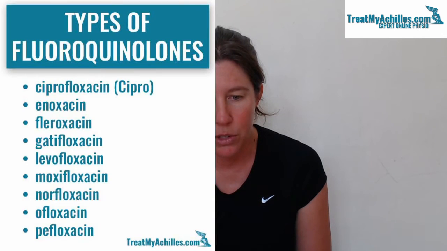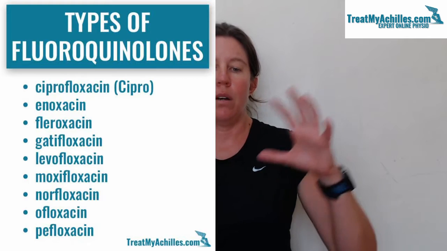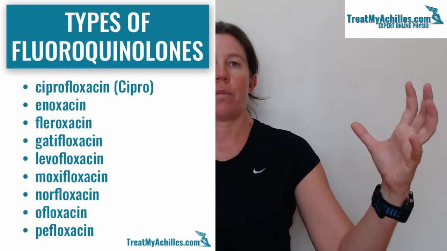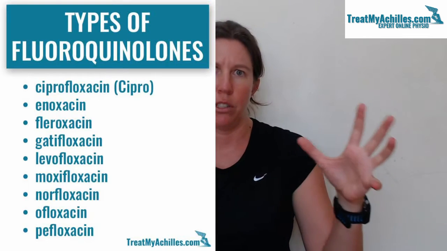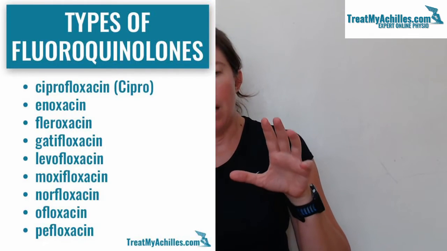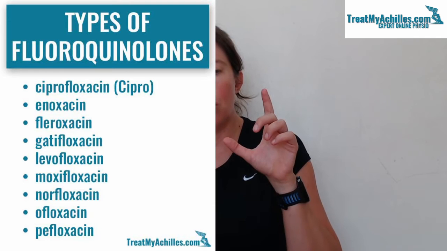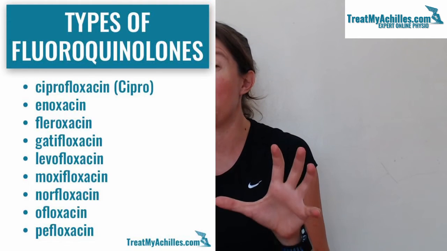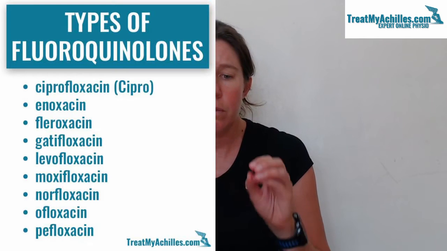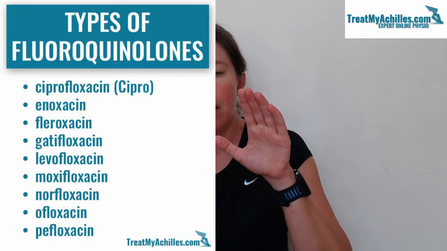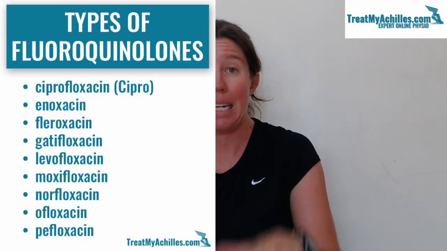So let's have a quick look at what different types of fluoroquinolones you get. Fluoroquinolones is the big name for all of these different types, and they've all got slightly different functions. That's why they're different. The most common one, it seems, that's prescribed in the USA is Cipro, or ciprofloxacin. And remember, these are the medical names for them.